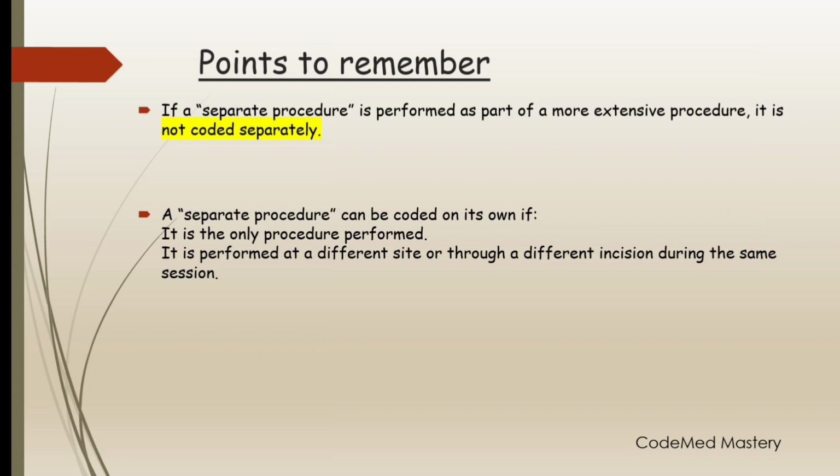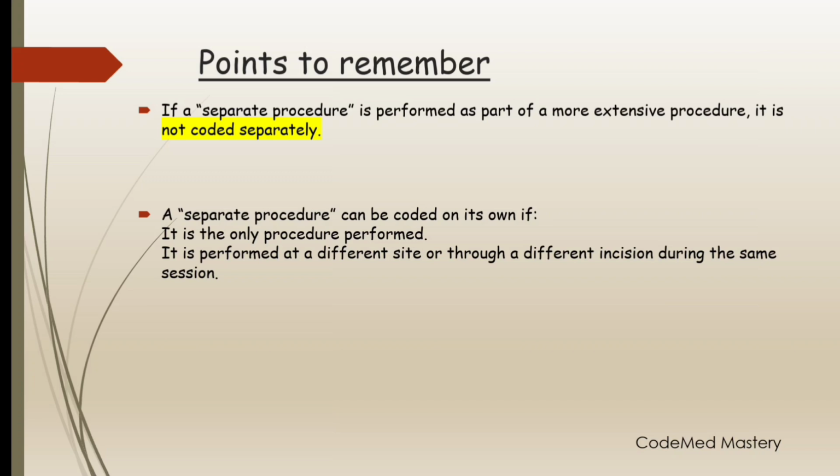There are several points to remember about separate procedure. First, if a separate procedure is performed as a part of a more extensive procedure, it is not coded separately because it is already a part of a more extensive procedure. Therefore, we need not code it separately. Second, a separate procedure can be coded on its own if it is the only procedure performed.